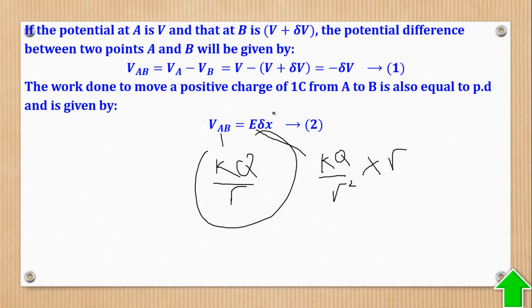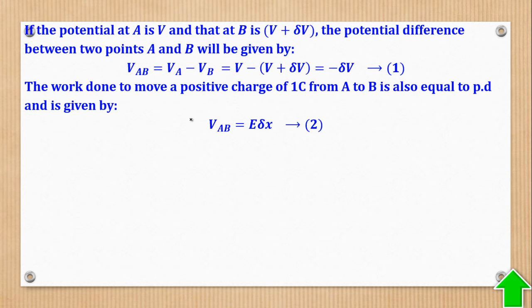But in this case, we're using distance as x, so if this is E and I multiply by its motion in x, I'll be able to get Q over x. So that is where the relationship comes from. To get potential, you have to multiply intensity times the distance or the separation.